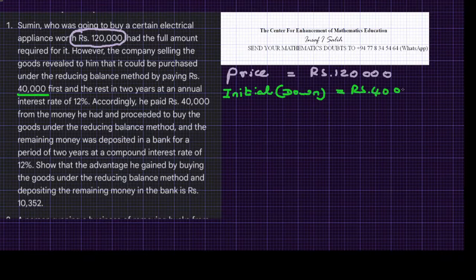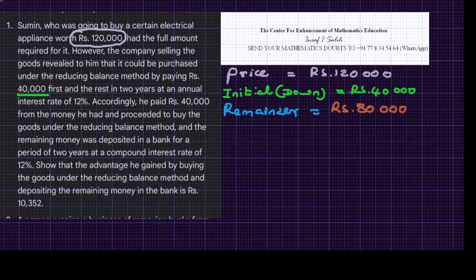So then what's the remaining amount he has to pay? The balance is from rupees 120,000. When you subtract 40,000, what's the remainder? That's 80,000. He's supposed to pay 80,000 more to the shop.